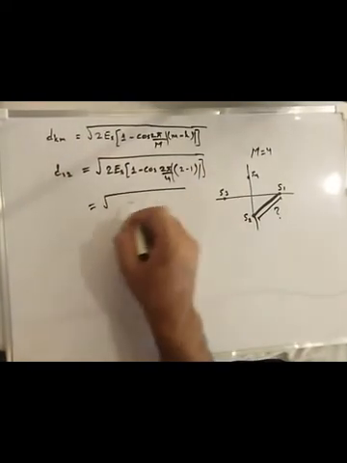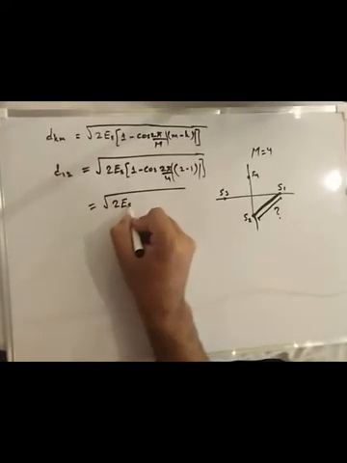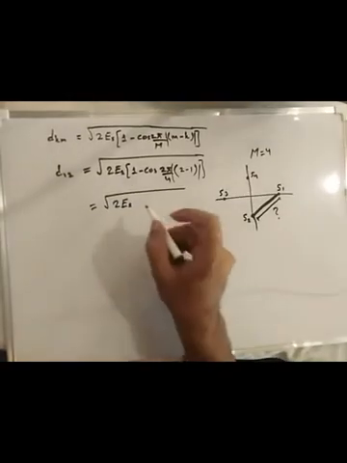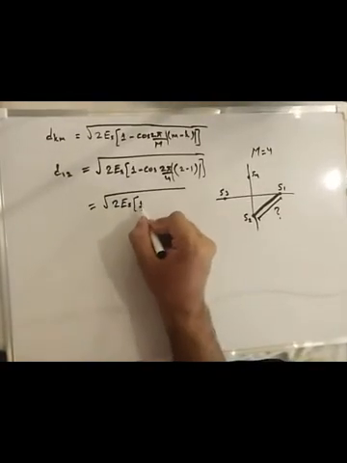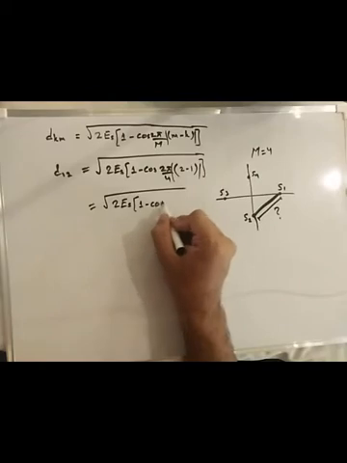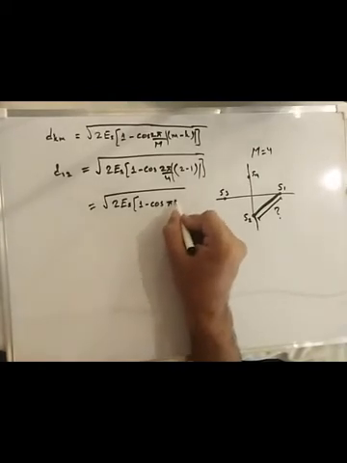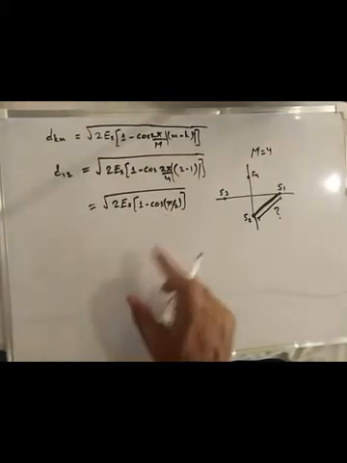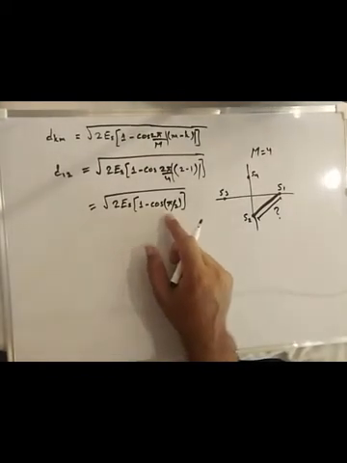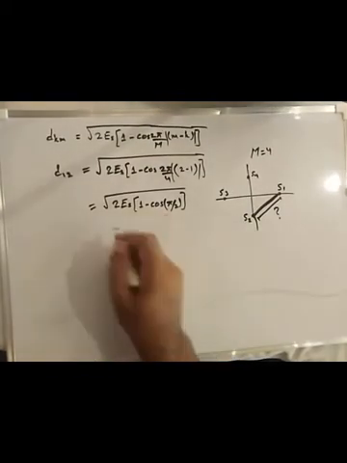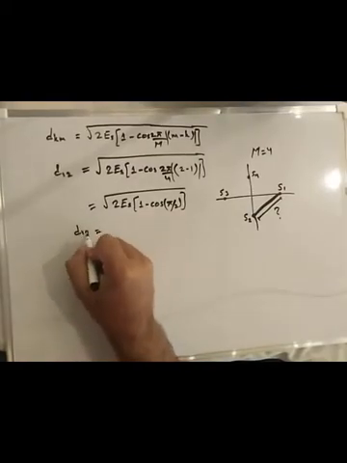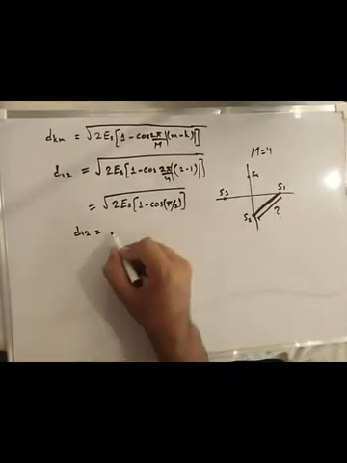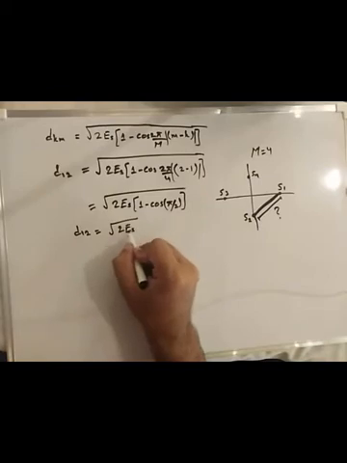So you will get the square root of 2Es times (1 minus cos of π/2). Cos of 90 degrees is 0, so cos of π/2 is 0, and you will get the distance between signal class 1 and 2 as the square root of 2Es, right?